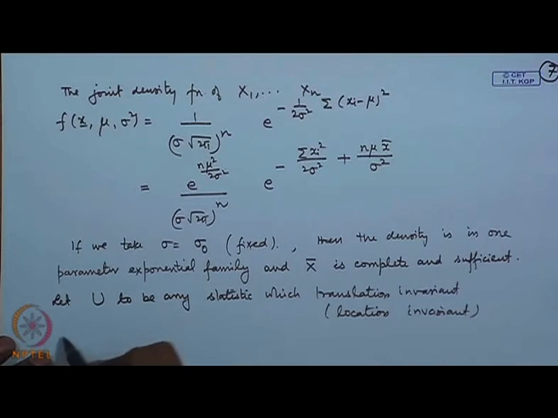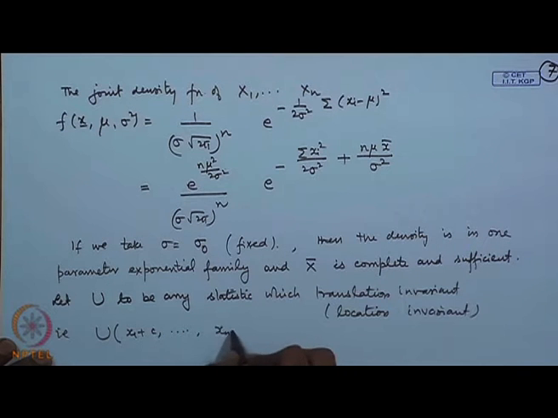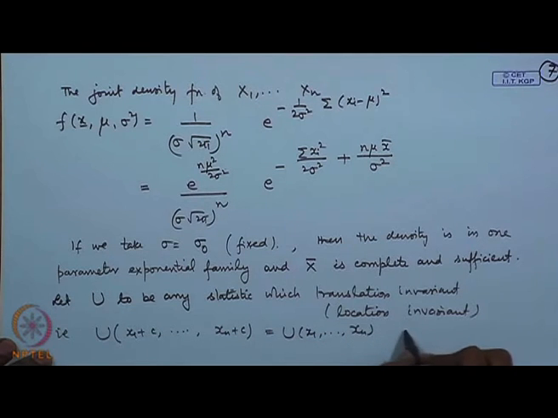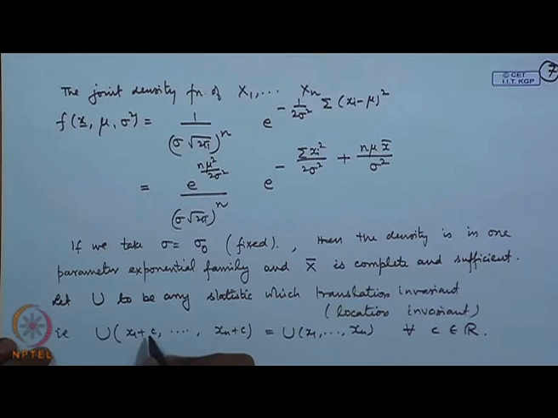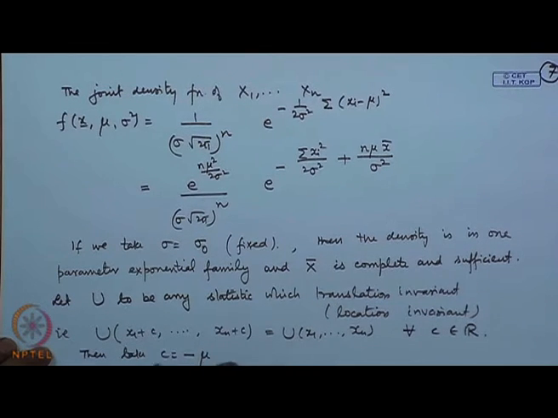That means, I am saying u of x 1 plus c, x 2 plus c, x n plus c is equal to u of x 1, x 2, x n for all c on the real line. Now, I can choose c equal to say minus mu.